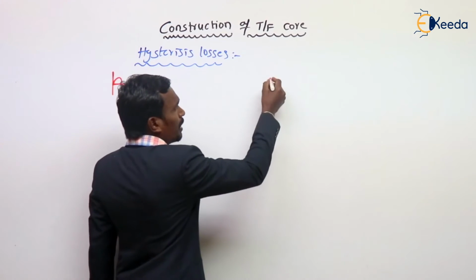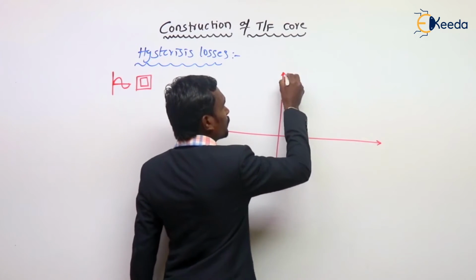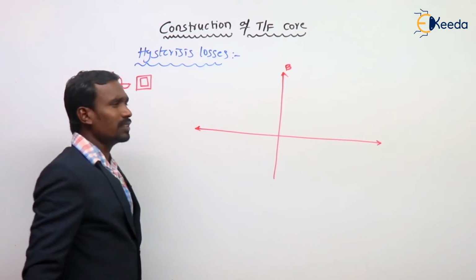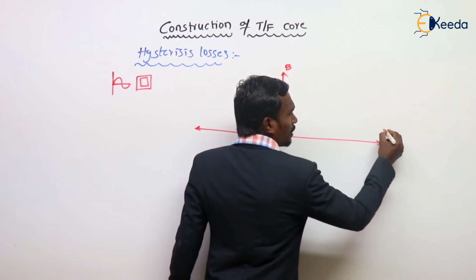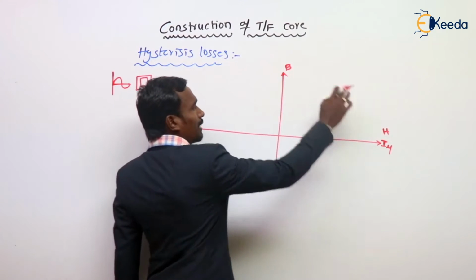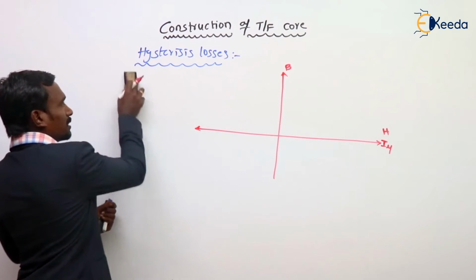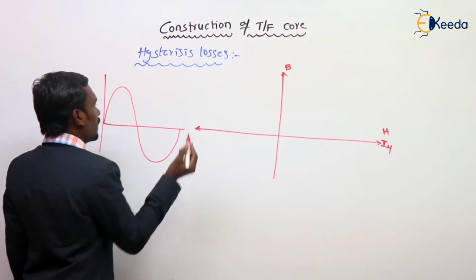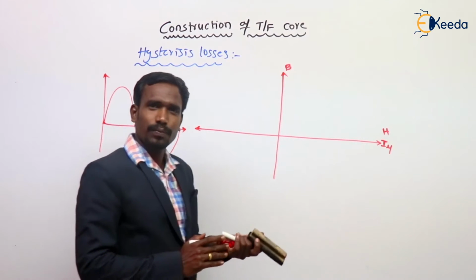For example, in my transformer, I am taking one graph: flux density on the y-axis and magnetizing current or flux intensity on the x-axis, when we give the AC supply to our transformer.